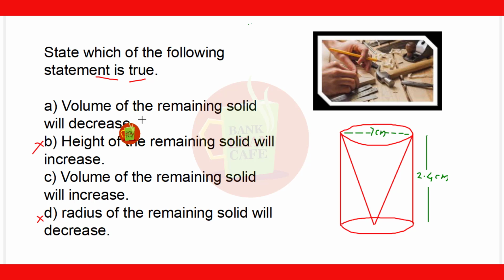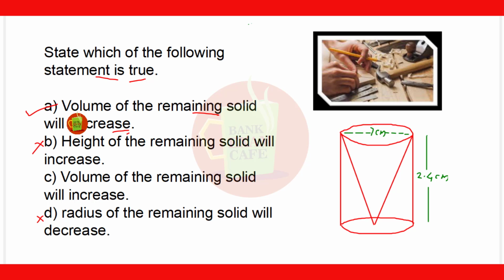Now the options are: volume of the remaining solid will decrease, and volume of the remaining solid will increase. If you are carving out some part out of the solid, then the volume of the original solid will get reduced, so the volume of the remaining solid will decrease.